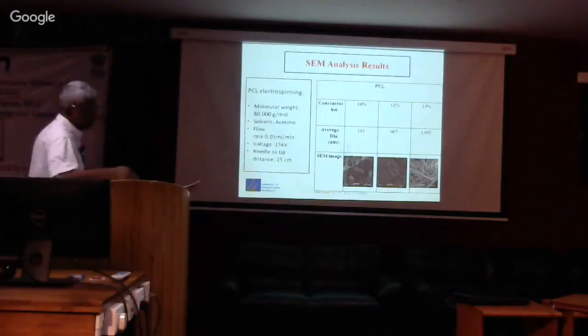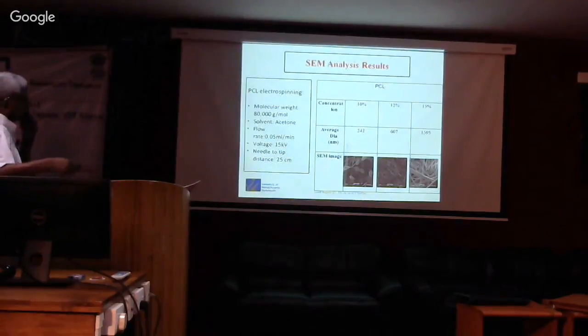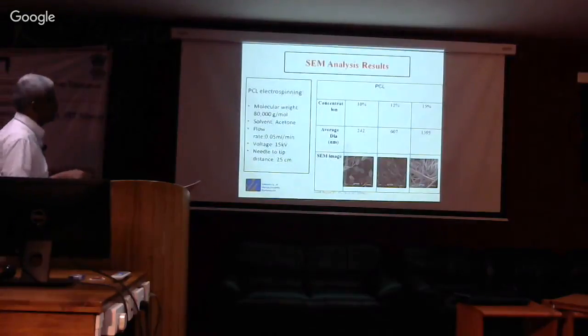So 240 nanometers, pretty consistent fibers. But when you increase the PCL percentage, fiber diameter increases.